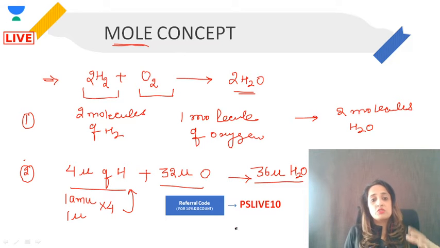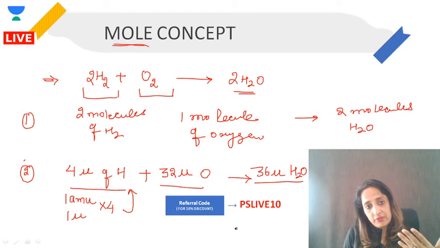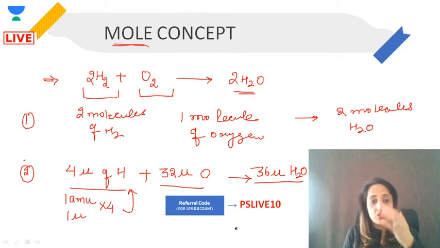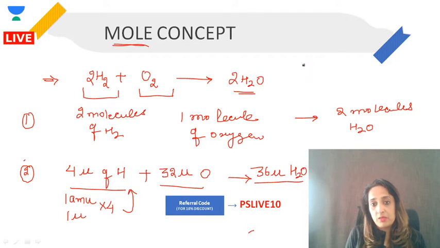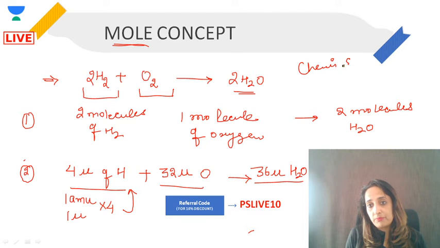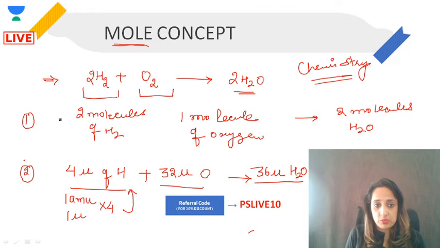So these are the two ways of explaining how this reaction is taking place. We are talking about how these reactions take place in chemistry. There are two ways of talking about these equations.